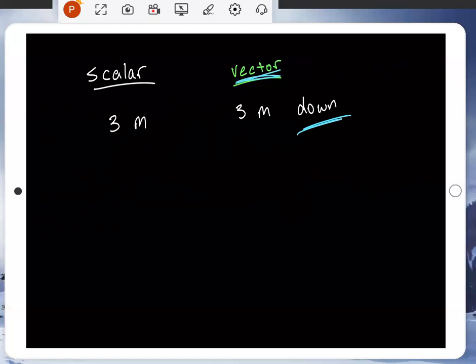So force is a vector because it matters the direction that I pull. Acceleration is a vector. Think about free fall, right? It matters that the direction is straight down. Everything you've learned would be completely different if the direction of acceleration didn't matter, and say acceleration was up, right?